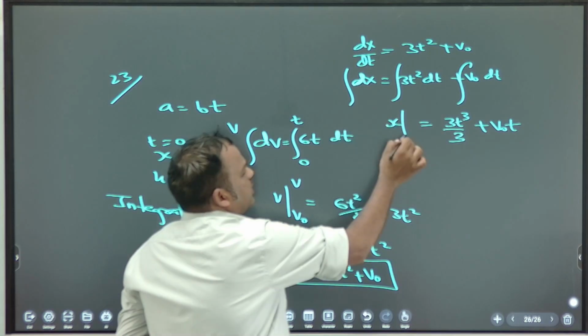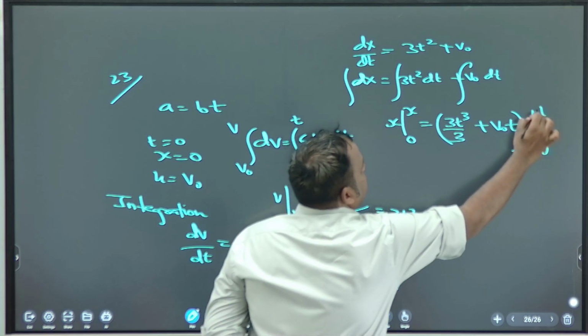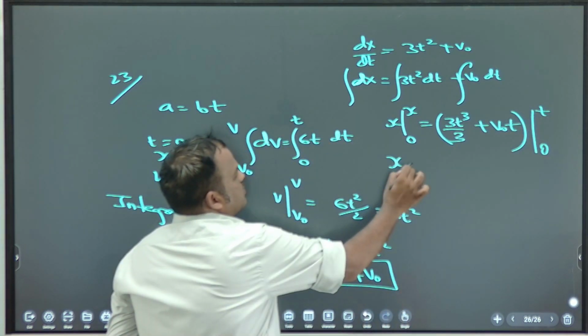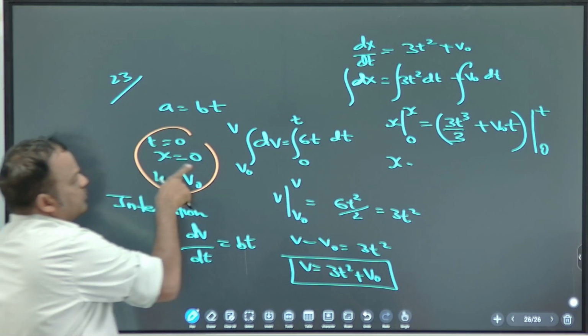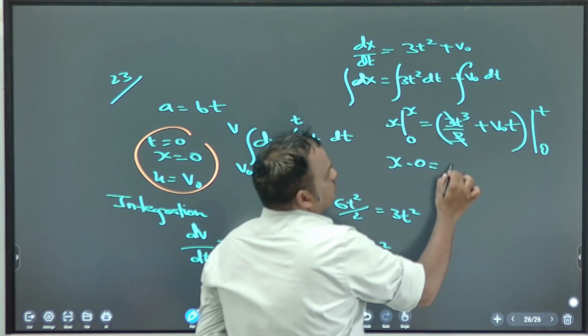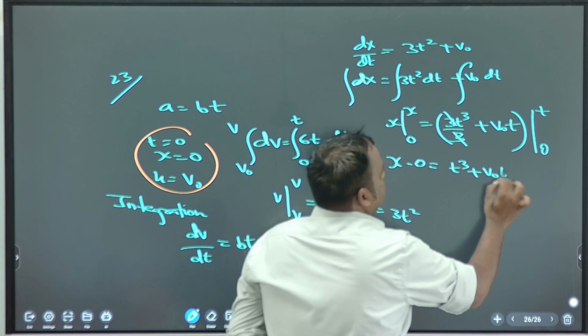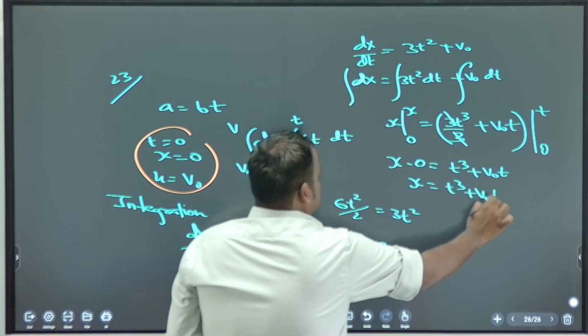Now here you put limit 0 to x, and here you put limit 0 to t. Because when time is 0, x is 0. So x minus 0 is equal to t cube plus v naught t. Okay, so what is that x? T cube plus v naught t.